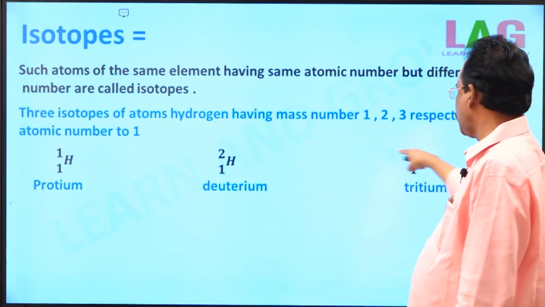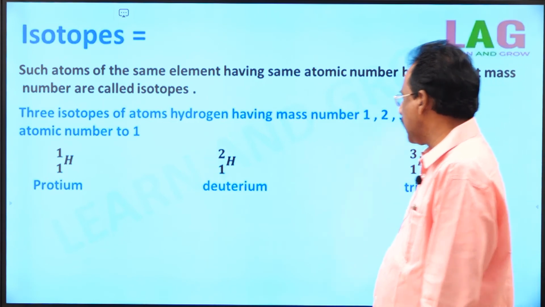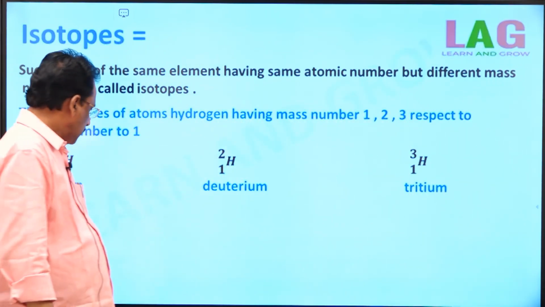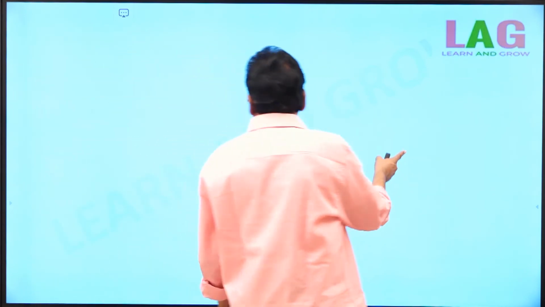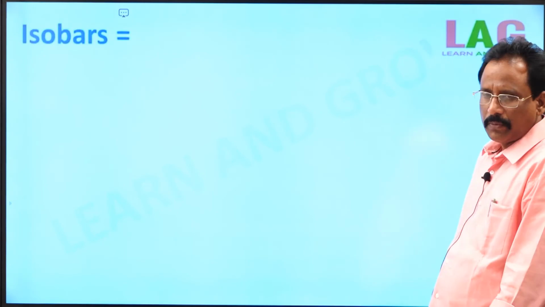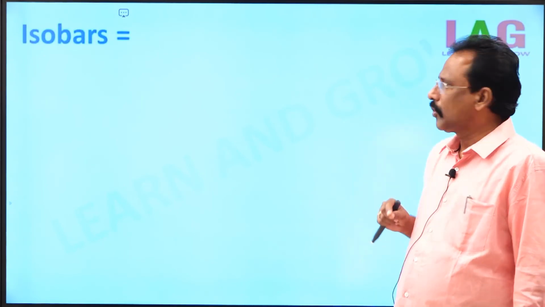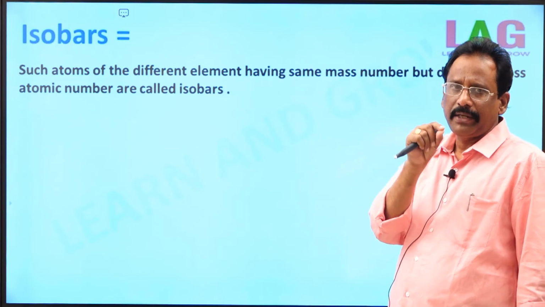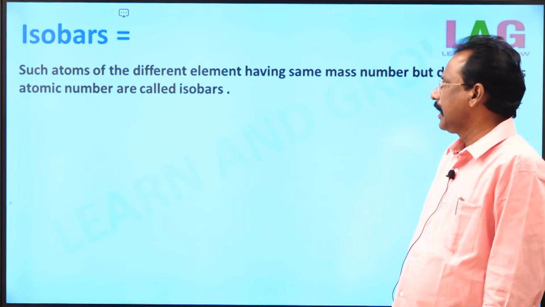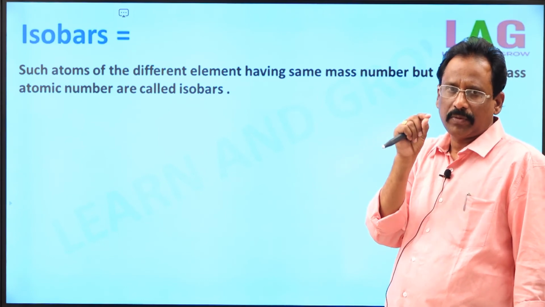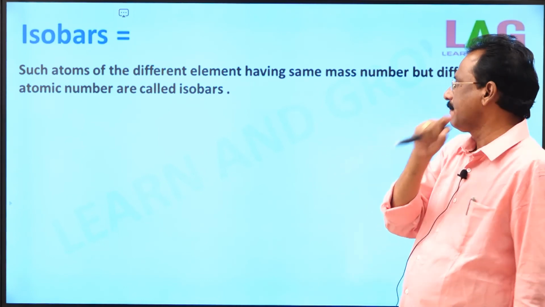For these 3 isotopic forms the atomic number is the same, atomic number is 1, but there is a change in the mass number. So the final point is, isotopes means atoms of the same element having different mass number. Isotopes have the same atomic number, that's why their properties are also similar.